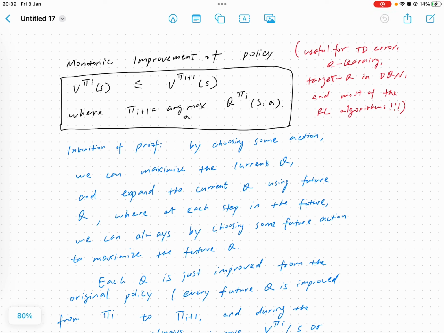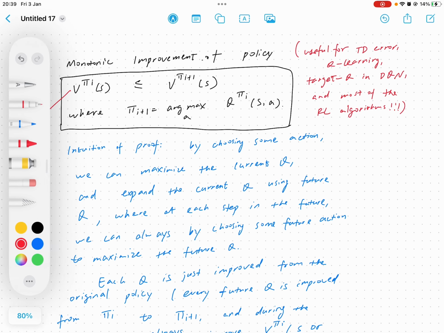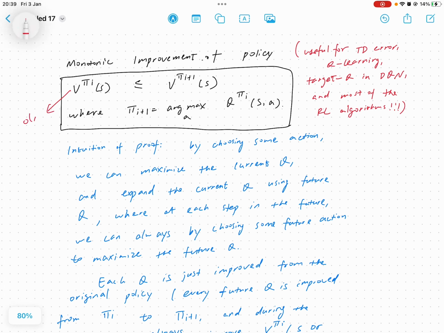The value function, and you can refer to the previous videos for the value functions or Q functions talking about the expected rewards, is given the state S. We use this pi I in the superscript to denote the old policy value. Let's just write a notation. This will be the old policy value, and this would be the new one.